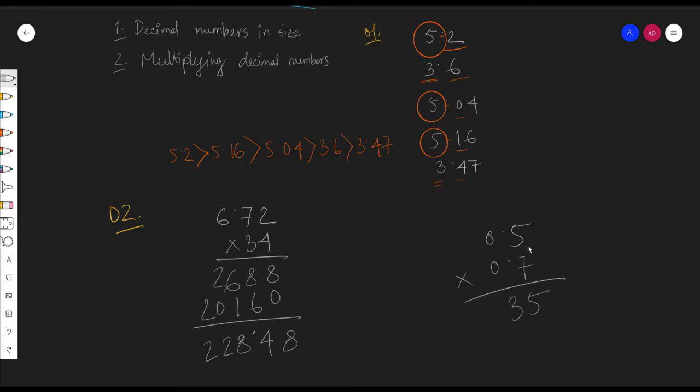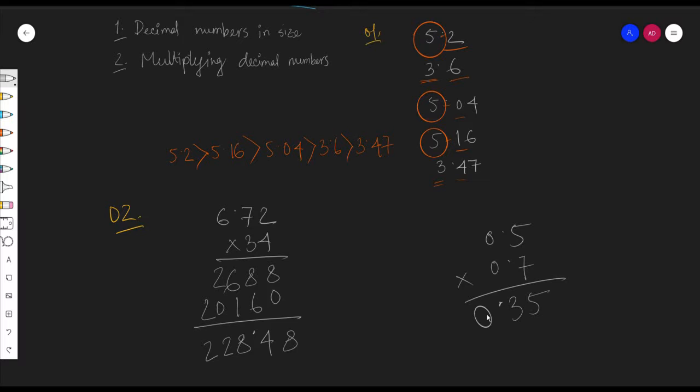There is one digit after the decimal, and there is another one, so two digits after the decimal in total. So we will put a decimal point here, and we can add a 0 here, nothing to worry about. So 0.35.